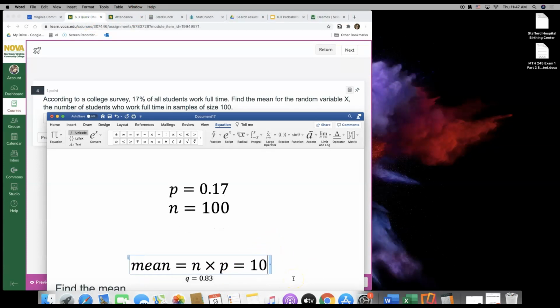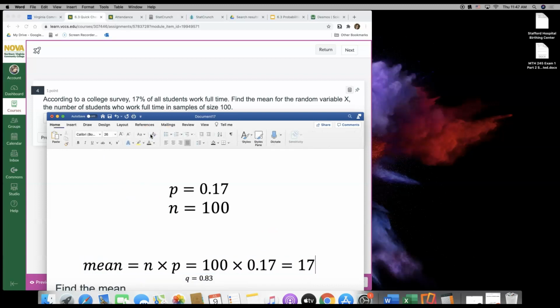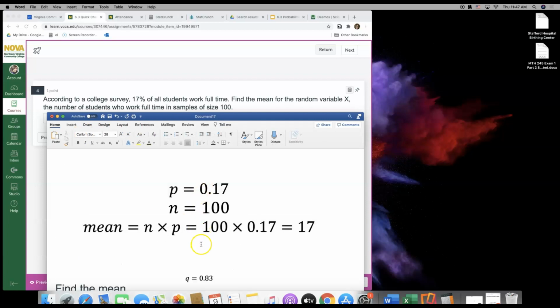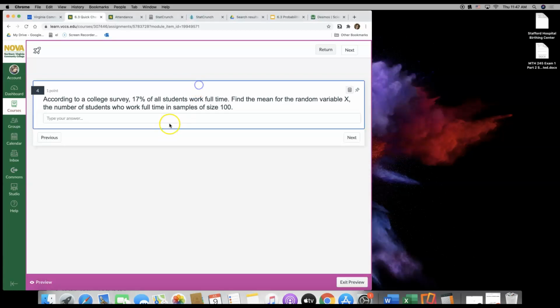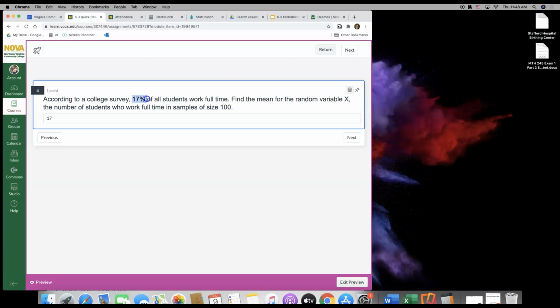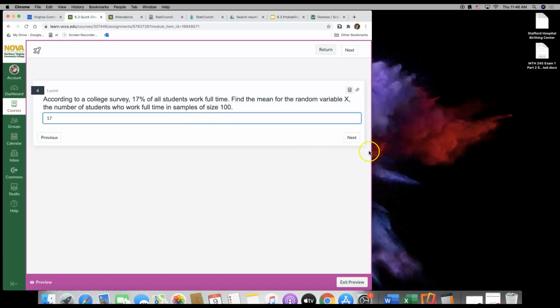If you do 100 times 0.17, you get 17. So the expected value of this distribution is going to be 17. That makes perfect sense. About 17% of college students work full-time. If you have a sample of 100, about 17 of them will work full-time.